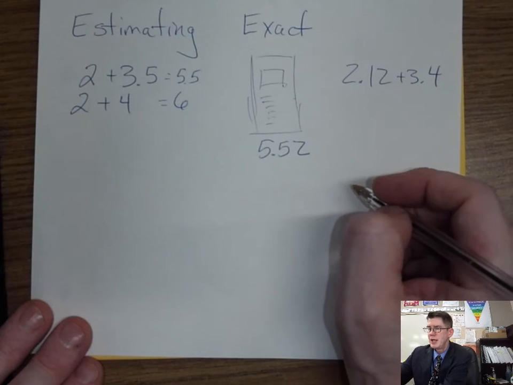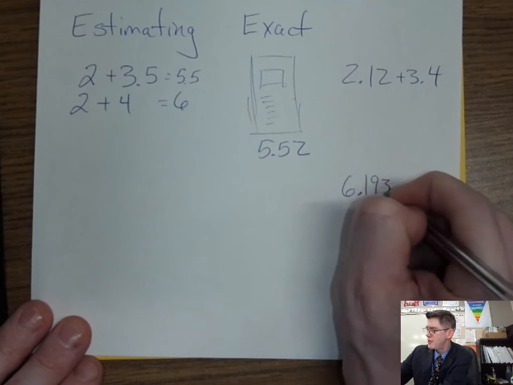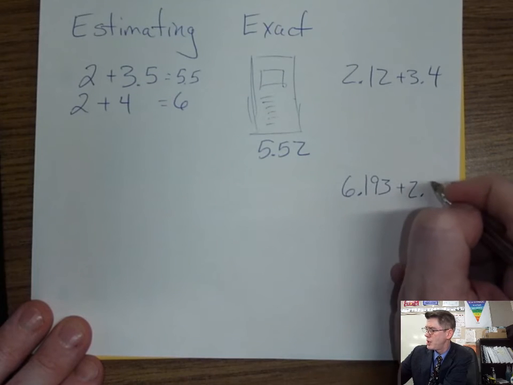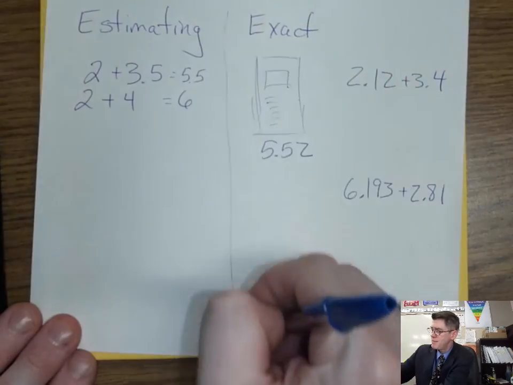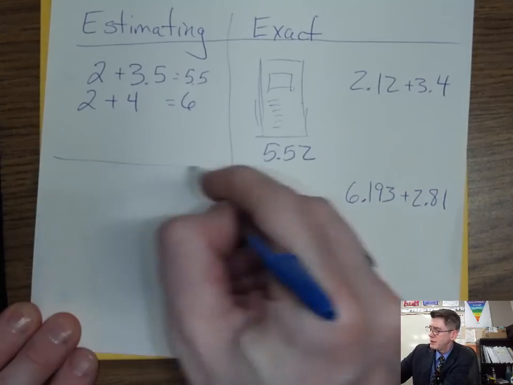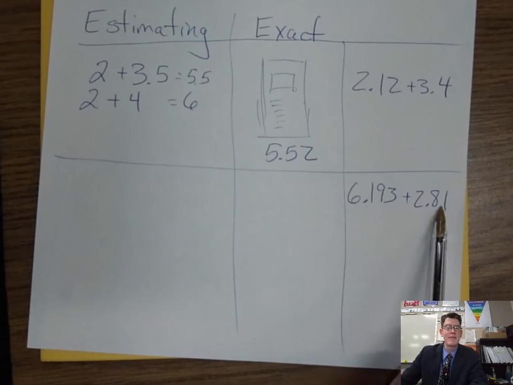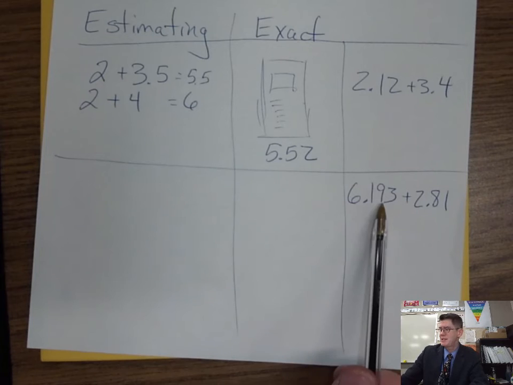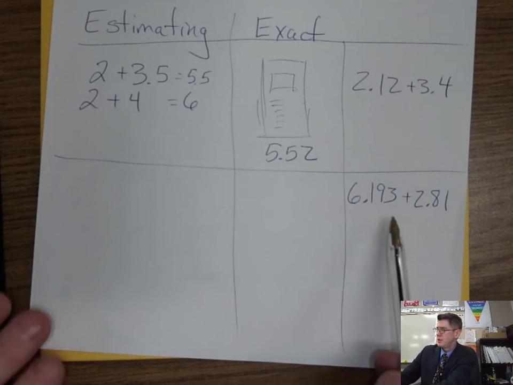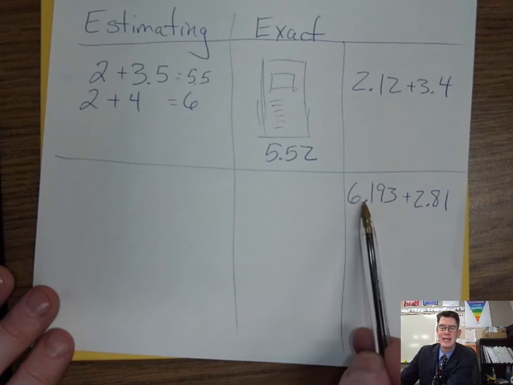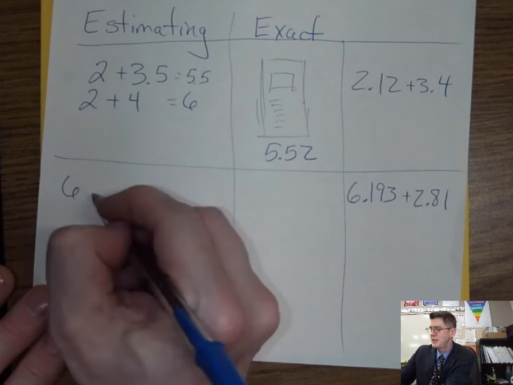So, for example, 6.193 plus 2.81. Let's make this clear what we're doing. If I want to estimate those, pick two numbers that you can estimate that are easy to add together and just to get a quick answer. On this one, it's a little more than 6, and I really don't even care about that 3, just something close, I'll say 6.